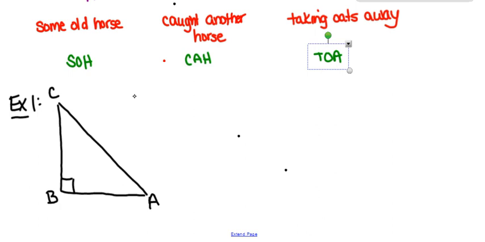And I'm going to tell you that in this triangle, AC is equal to 26. And I'm going to tell you that the measure of angle A is equal to 38 degrees.